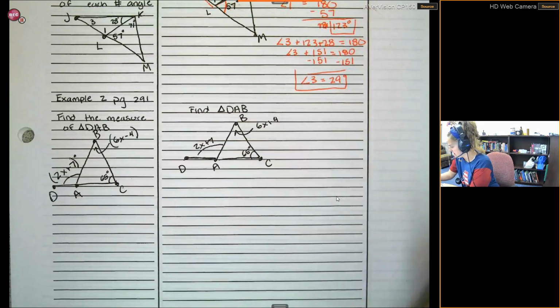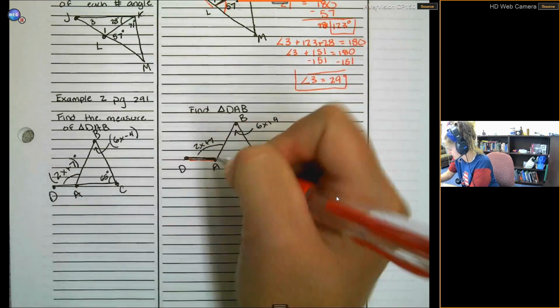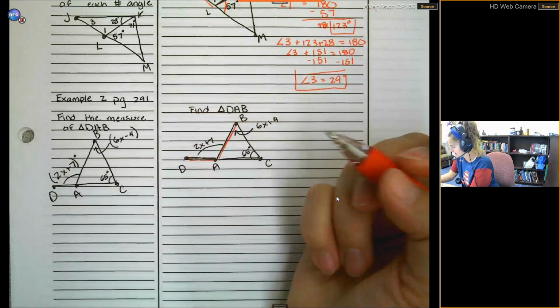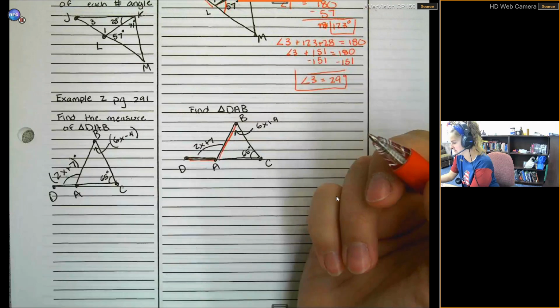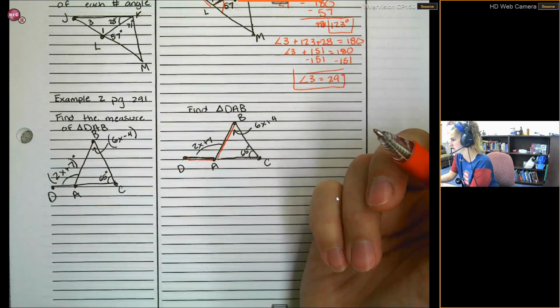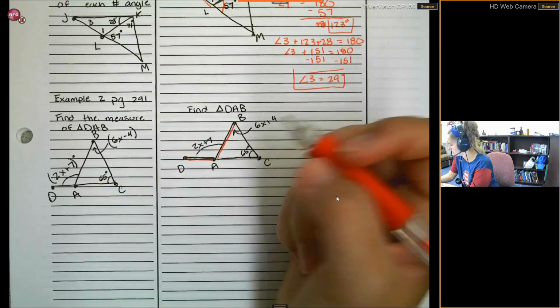All right. So DAB would be this exterior angle right here. We are finding DAB, and we know based on our exterior angle theorem that the sum of remote interior angles is equal to the exterior angle. So which two are our remote interior angles?